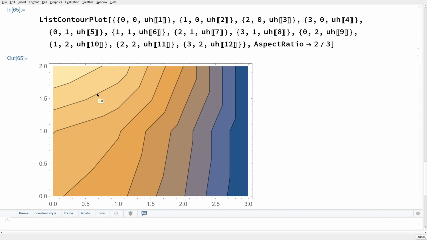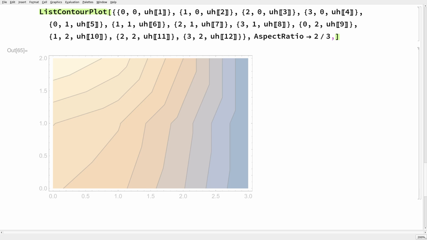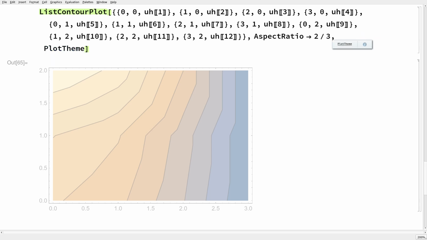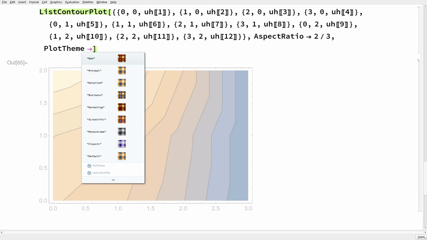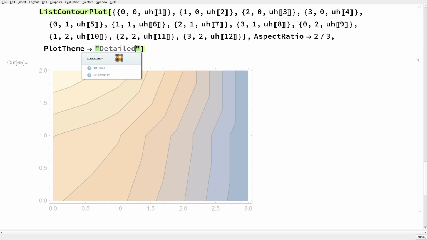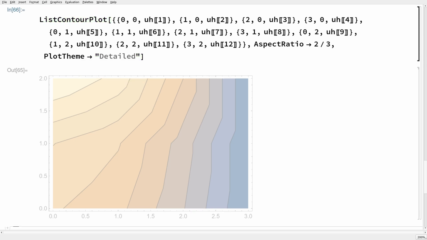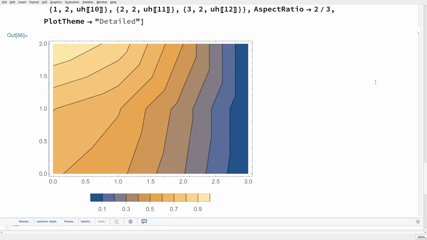That's right. So now I have a color bar.